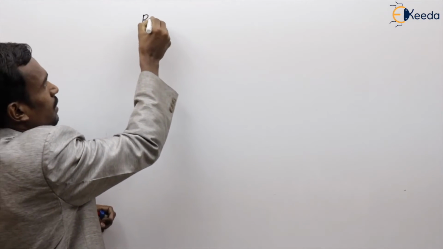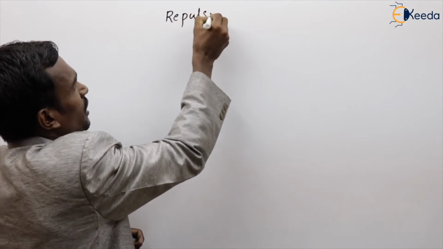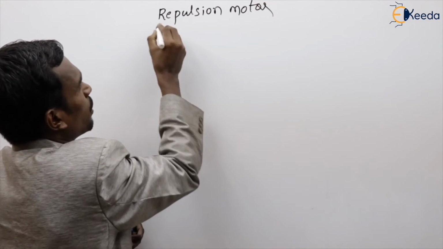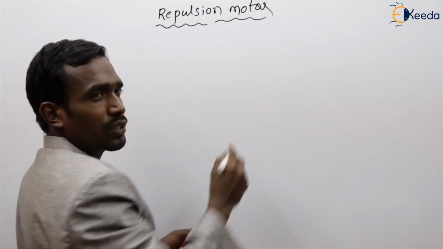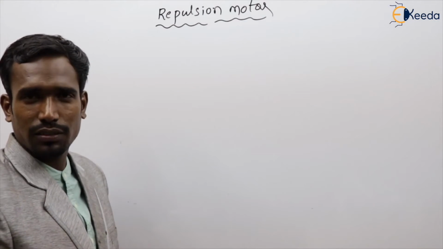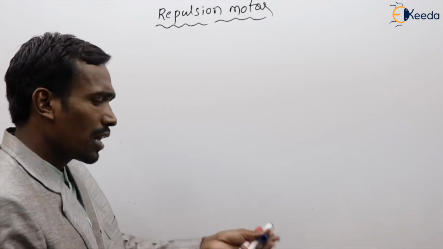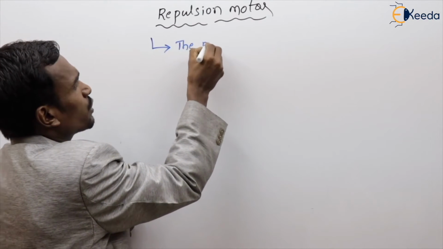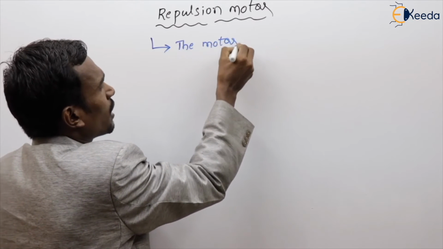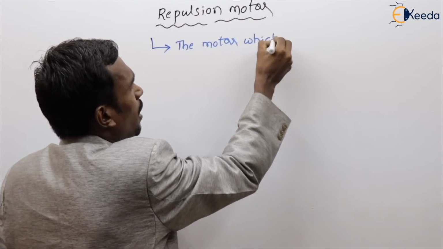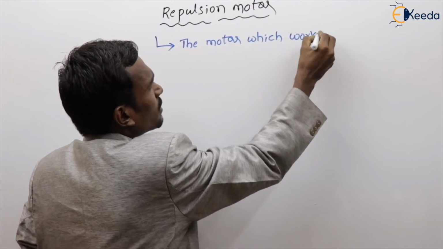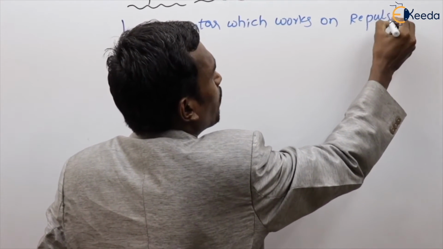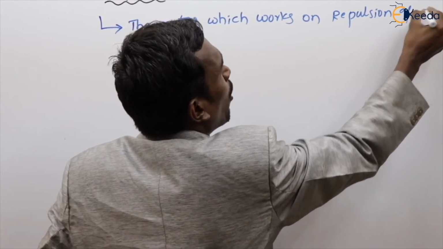Next one, the repulsion motor. Tell me, the repulsion motor is nothing but the motor which works on the repulsion principle, repulsion of poles.